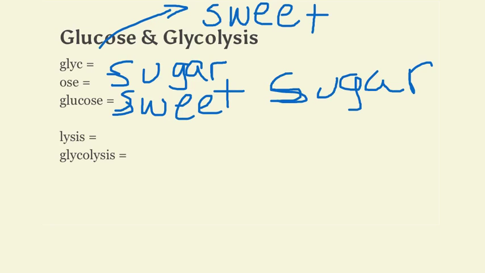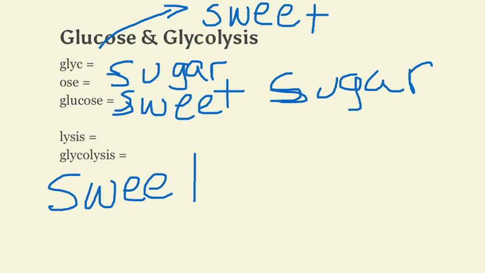So if we know we have sweet and sugar for glucose, then we have this other related word, glycolysis. So we know that glyc is going to be our sweet, not sweat. What's the lysis then? I don't expect you to know this one, but just curious if anyone happens to know. Sour? No, good guess, but it's not the opposite of sweet or the opposite of sugar.